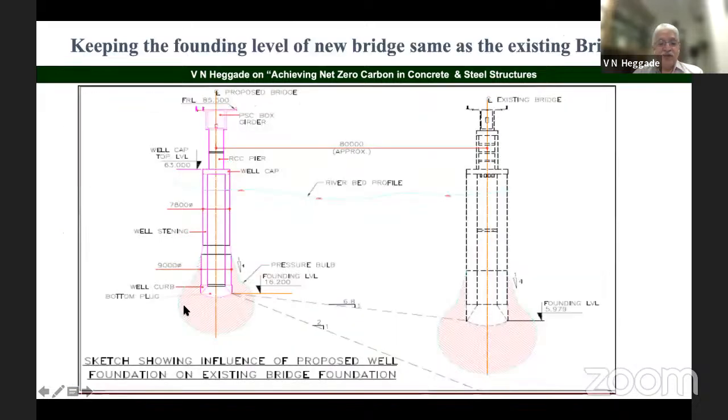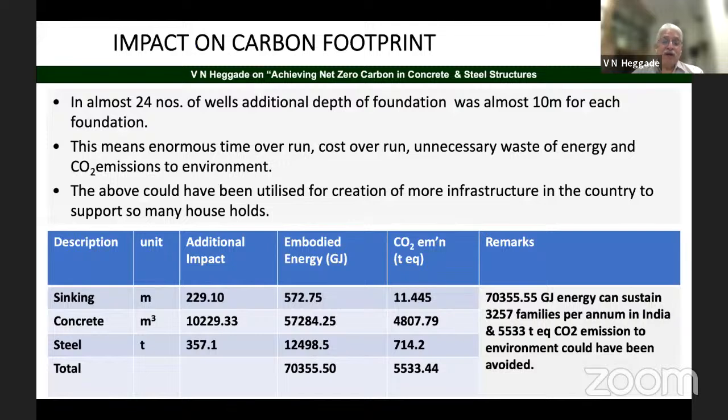In the revised design, it was possible for us to take this foundation 10 meters above the existing foundation over here. This is a massive foundation, the concrete consumption is very heavy, and it can emit a lot of carbon dioxide. So this sort of clauses in the codes have to be really looked into.